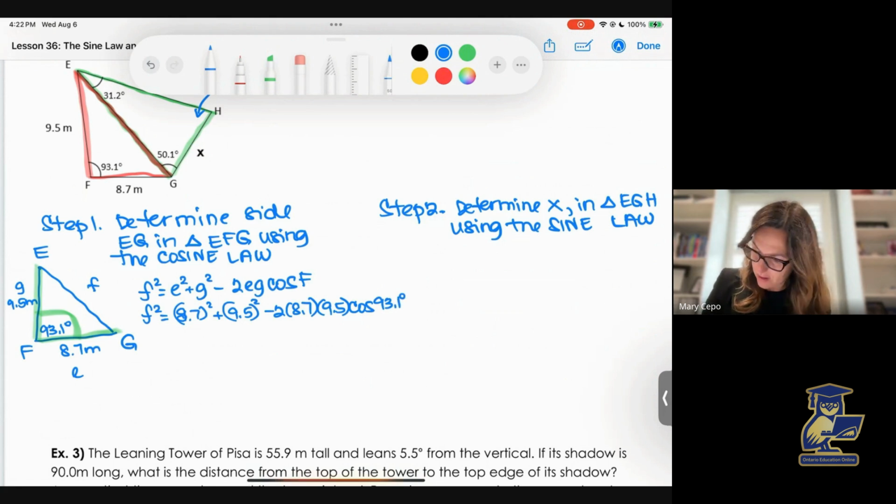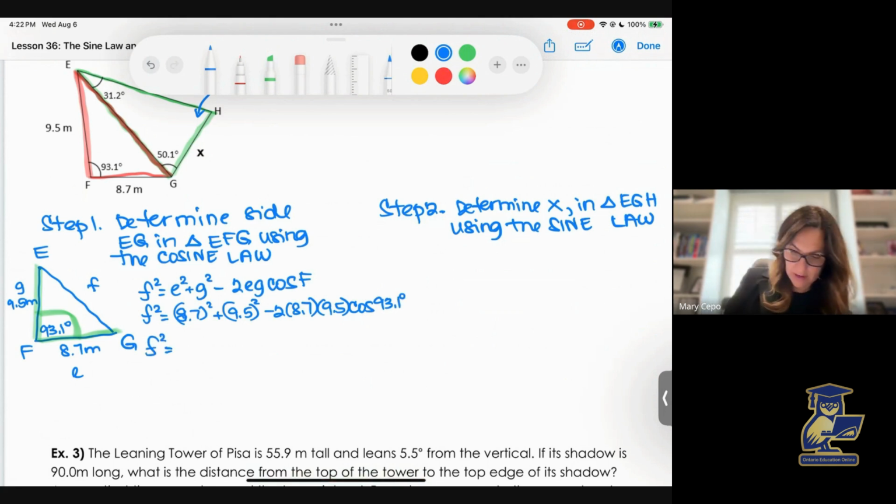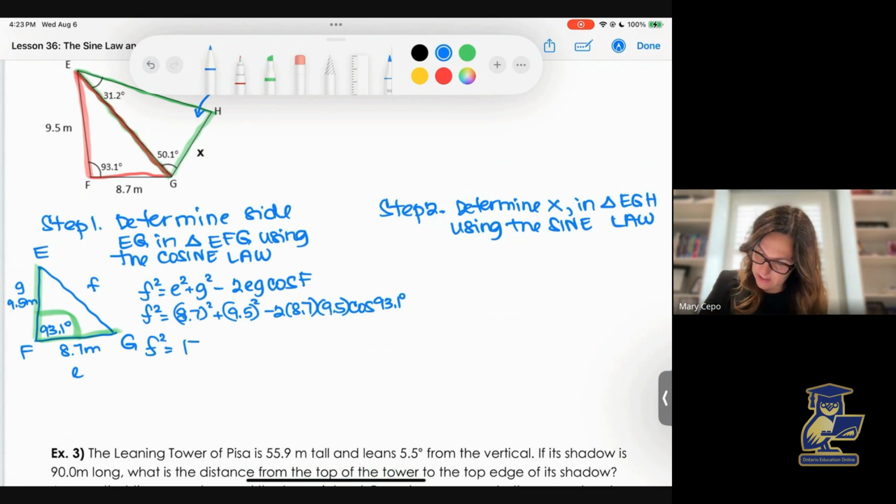Now, I think we can just put this all into our calculator. So 8.7 squared plus 9.5 squared minus 2 bracket 8.7 times 9.5 times cosine 93.1. We should get that f squared is equal to 174.8792278.